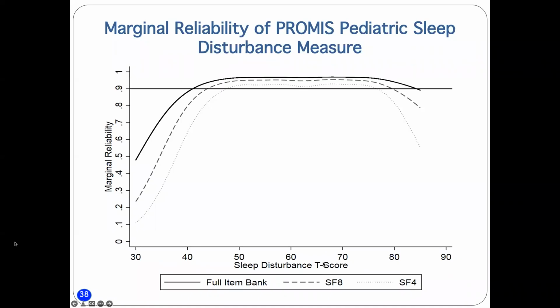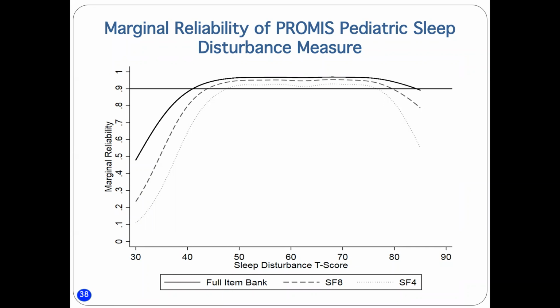And the T-score is similar to that 0 to 100 scale that I showed you a few slides ago when I was talking about item banking. The score of 50 is about the average for the US population. And sleep disturbance is measuring problems with sleep. So you really care about the scores above 40 and above.